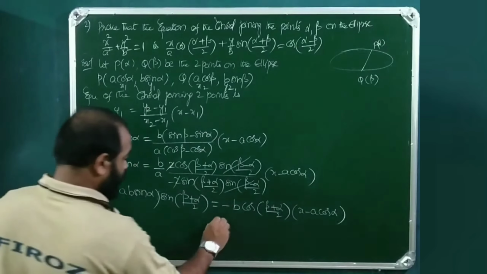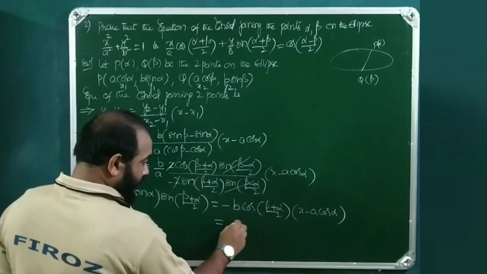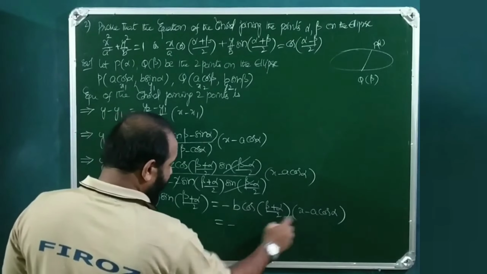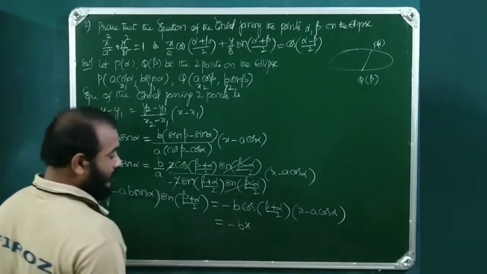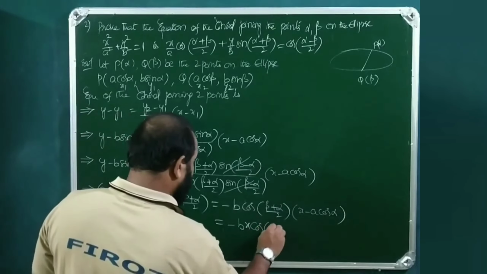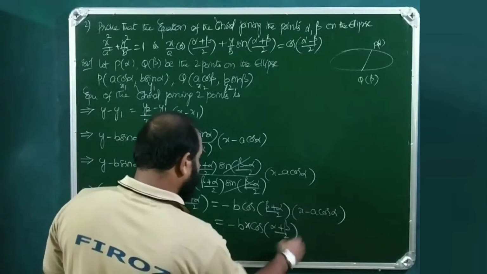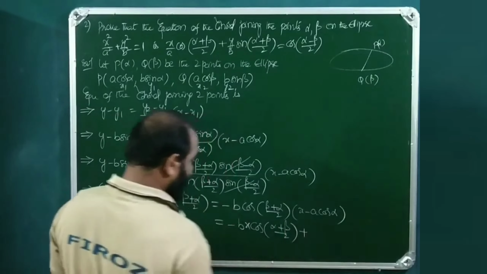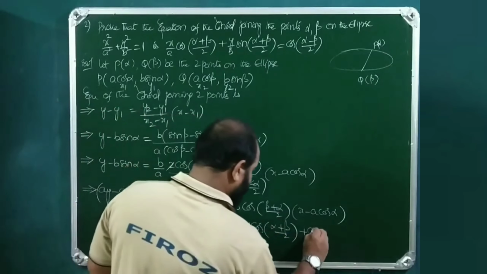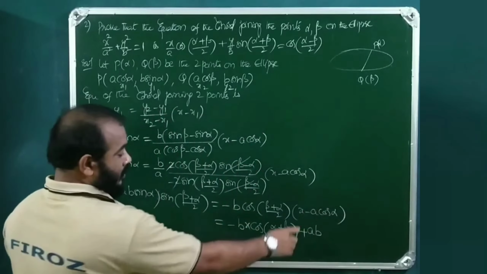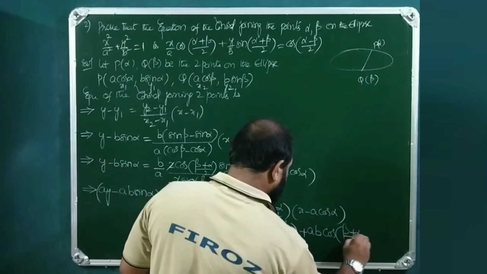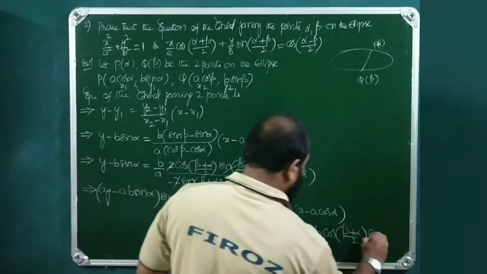So this is equal to minus b into x, bx cos (alpha plus beta) by 2, minus into minus plus ab cos (beta plus alpha) by 2 into cos alpha.